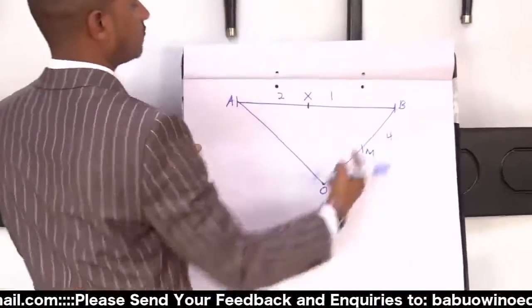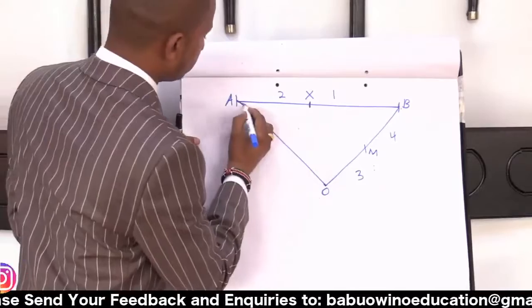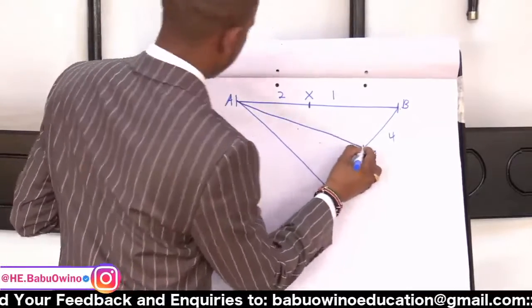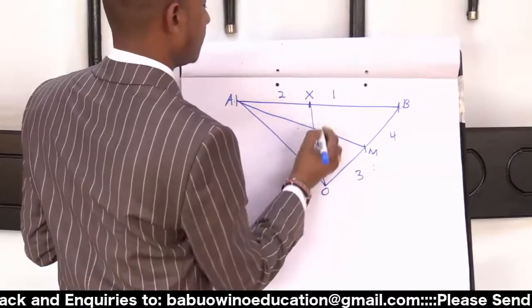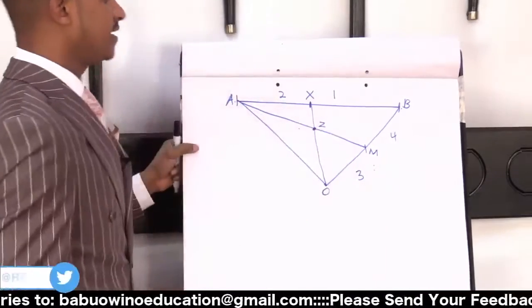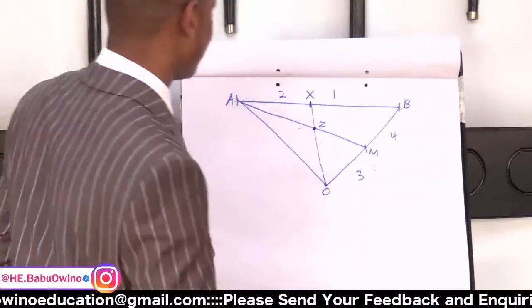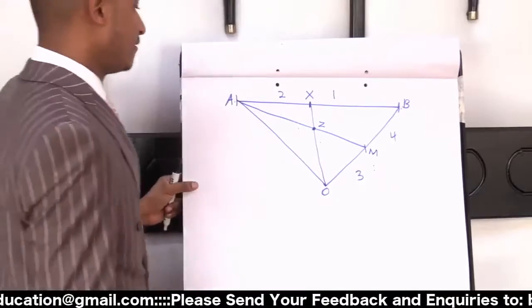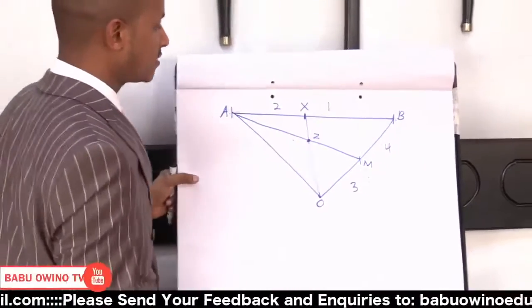Then you are told that the lines AM and OX intersect at a point Z. Very interesting, very nice. This must come in exams, I can promise you. Not necessarily the same ratios, but the same style of setting.